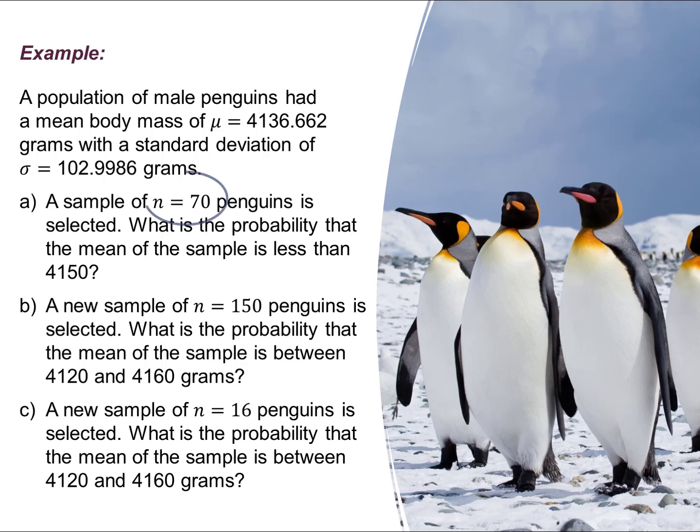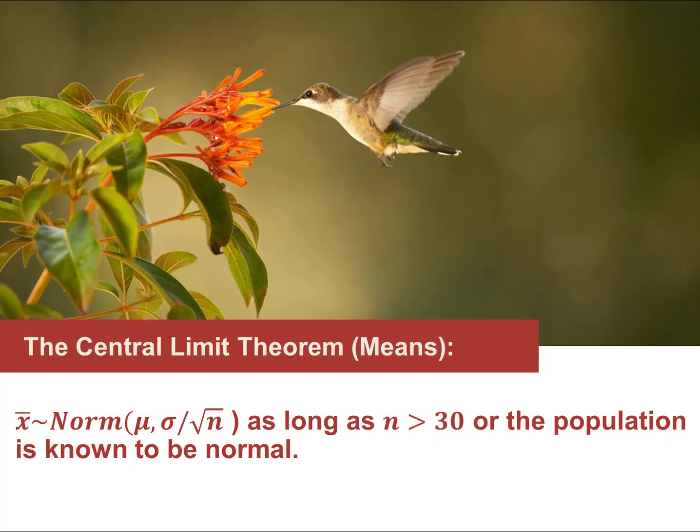Okay, let's first look at n, the sample size. Since n is greater than 30, we know that the central limit theorem kicks in here. This tells us that x bar is approximately normal with mean mu and standard deviation sigma over the square root of n.